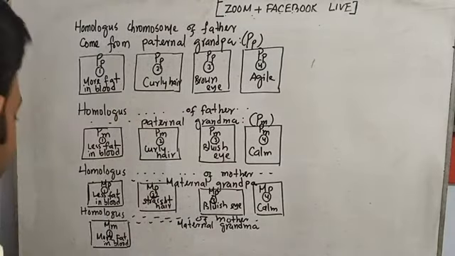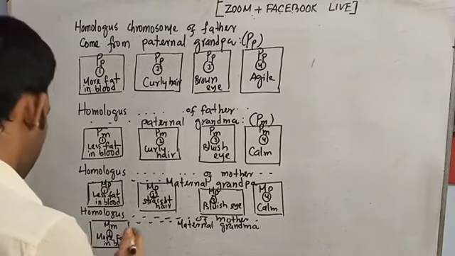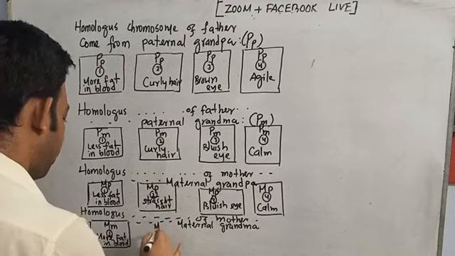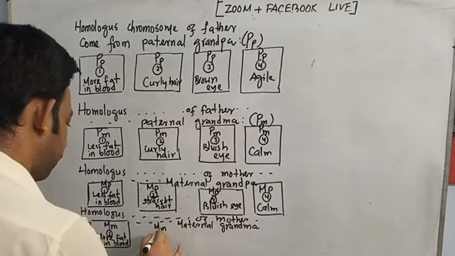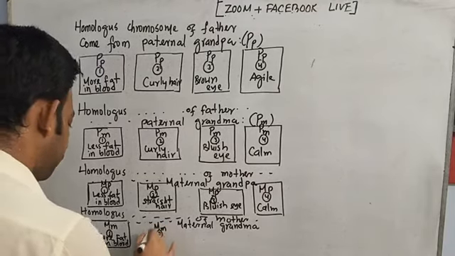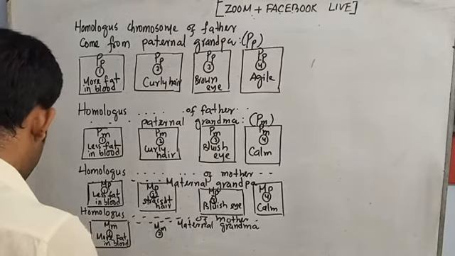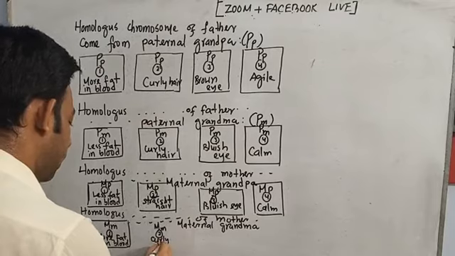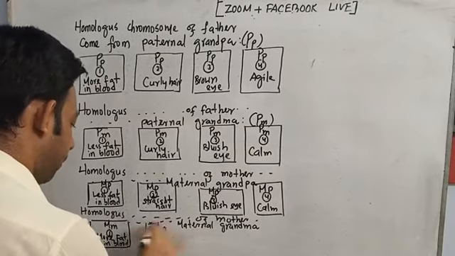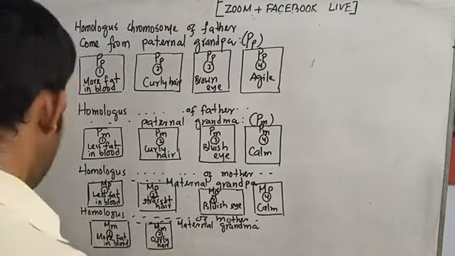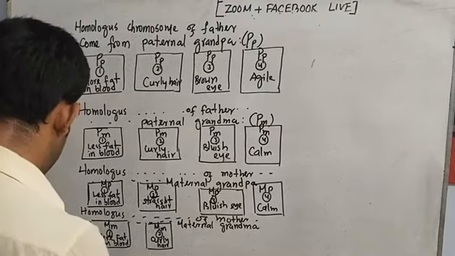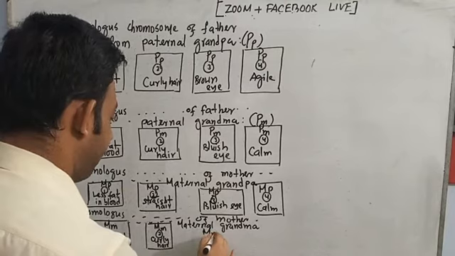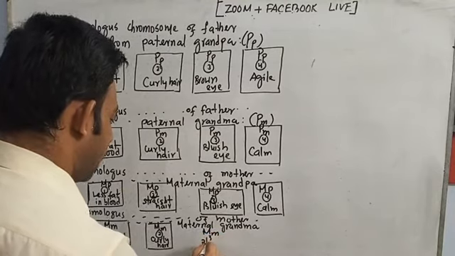Okay, next one. Then the second one, what? Mute yourself. MM2, curly hair. Then the third one, MM3, is the bluish eye.